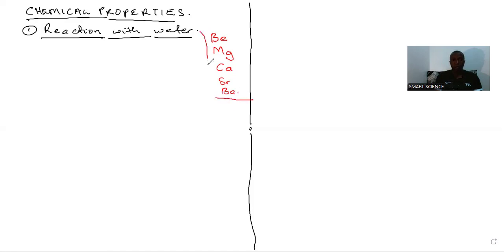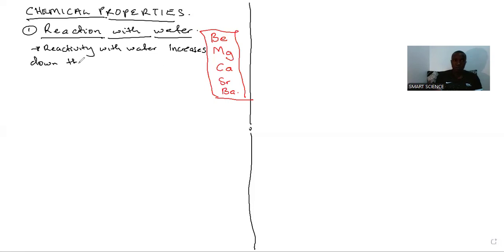And when we are looking at these group 2 elements, their reactivity with water is determined by electropositivity. And we are going to realize that reactivity with water increases down the group.